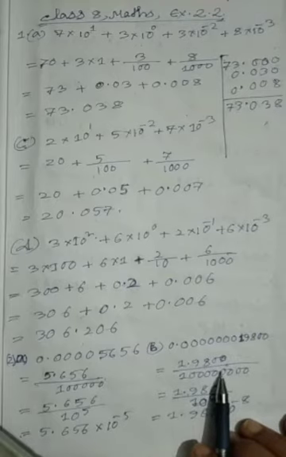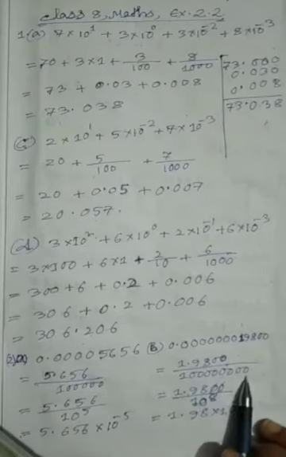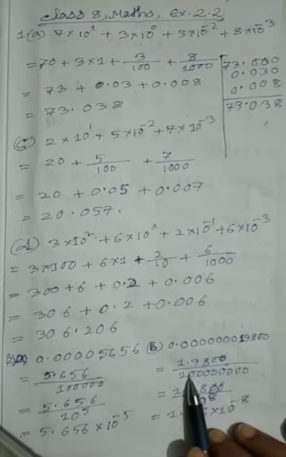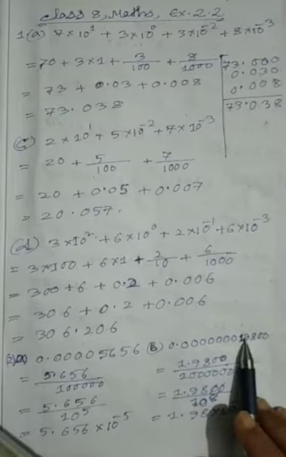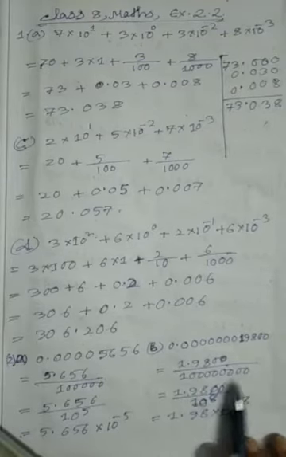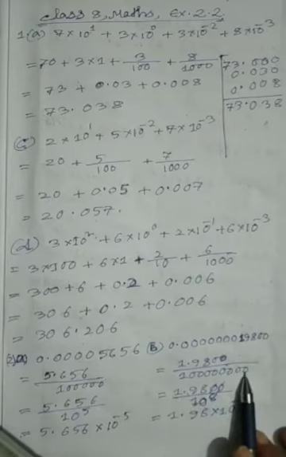When you multiply a number, the point will go to the right-hand side. So you are dividing this one by this one, so the point will go to the left-hand side. But how many digits will it go? If you divide by this number, how many zeros are there? 8 zeros.